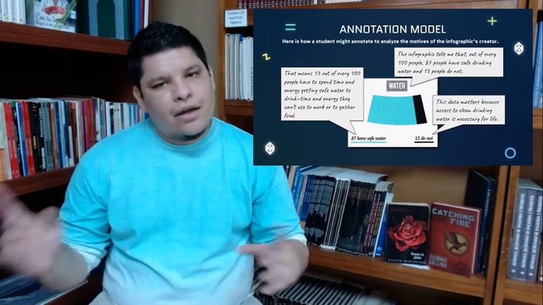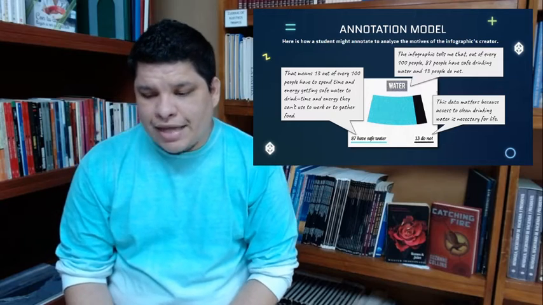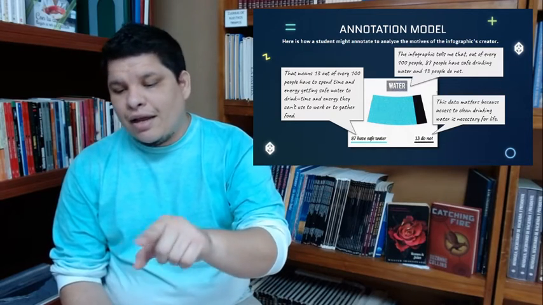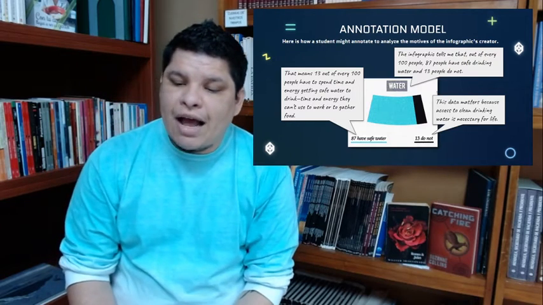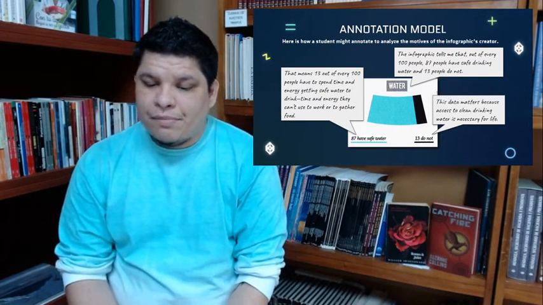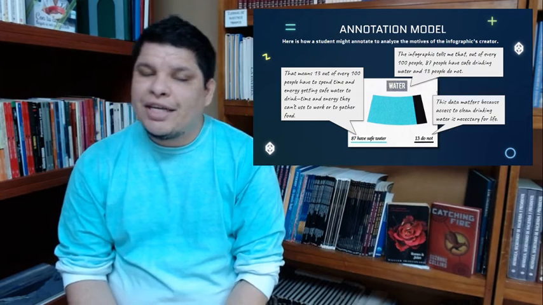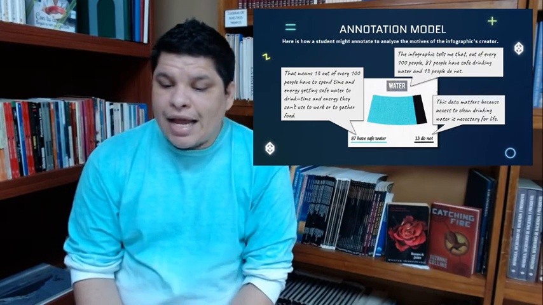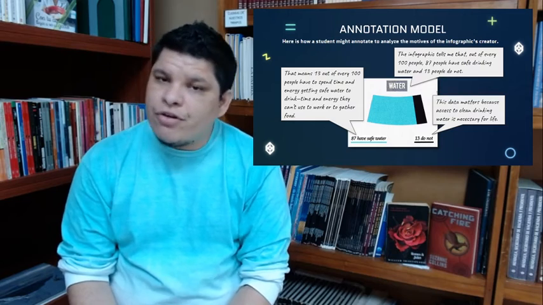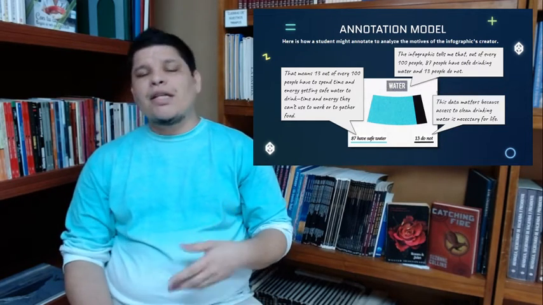If you check on the other two commentaries, you can see that if 87 have safe water, that means that 13 out of every 100 people have to spend time and energy getting safe water to drink, and time and energy that they can't use for work or gather food. It doesn't mean that they don't have it.